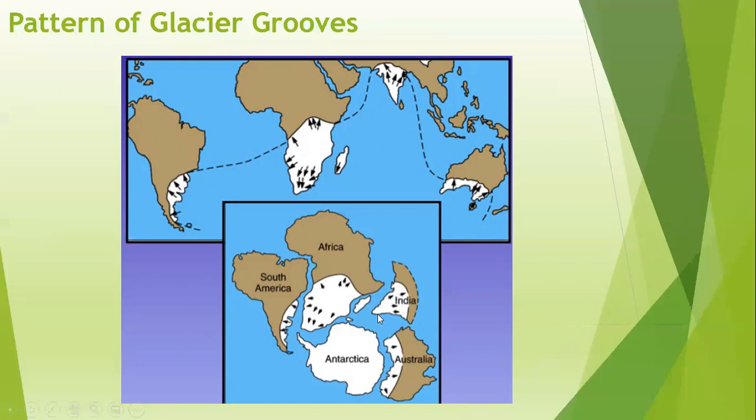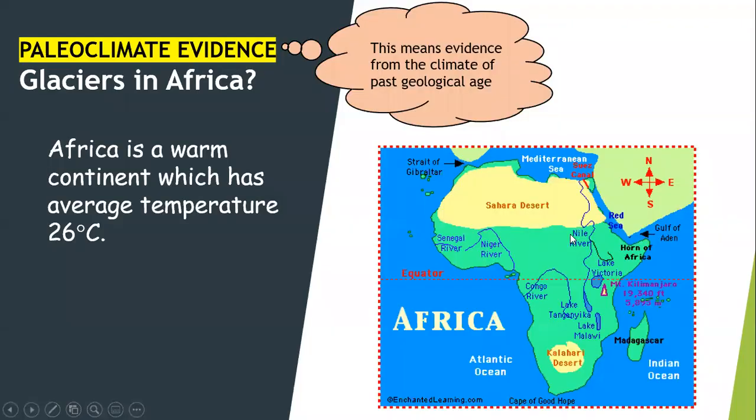India's this part fits here. Australia here. It looks like it is one piece of land which supported glacial grooves at that time. This is one type of evidence he gave, but there is much more to glacial grooves. Because of glacial grooves, he got many more ideas. Let's see what it is.